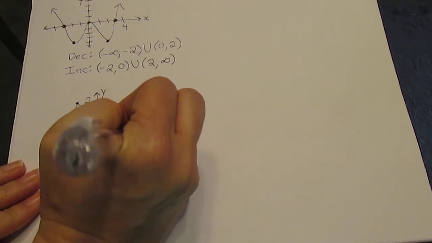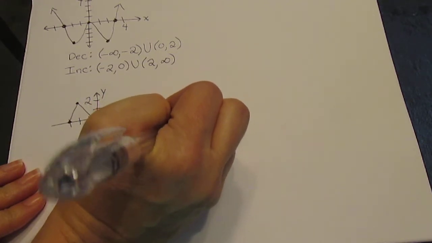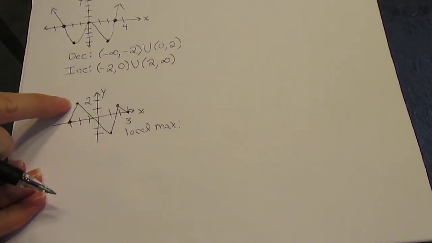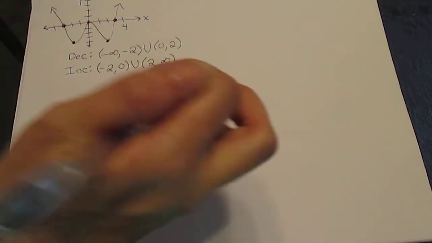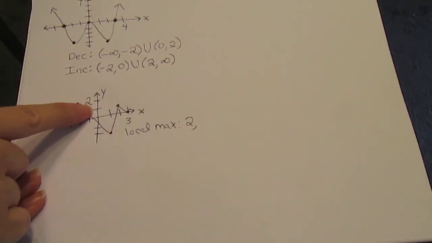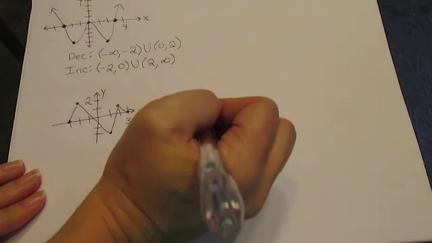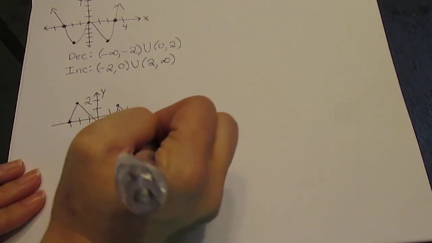Okay, so my local maxes, and there are two in this one since there's two hills. We've got one at the y value of 2, and we've got another one at the y value of 1. And we do see a local min.